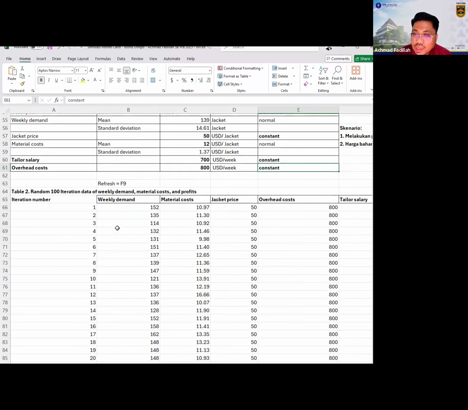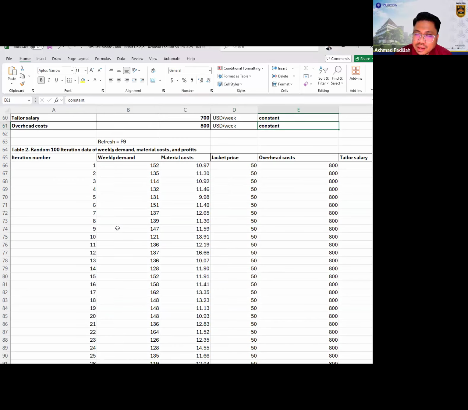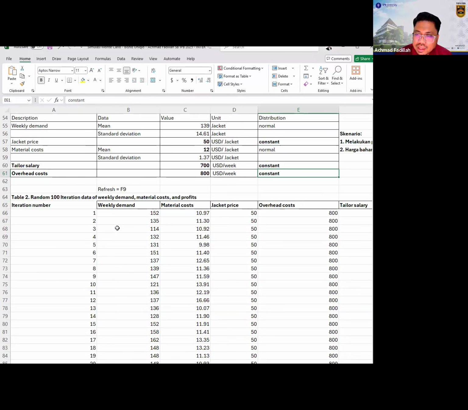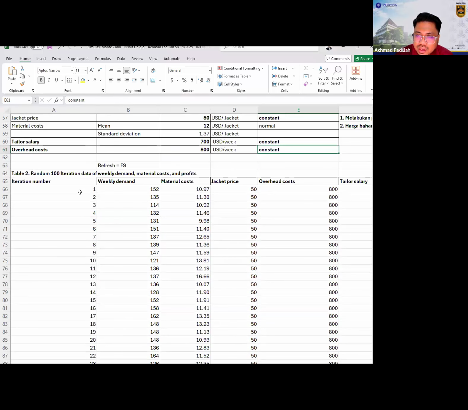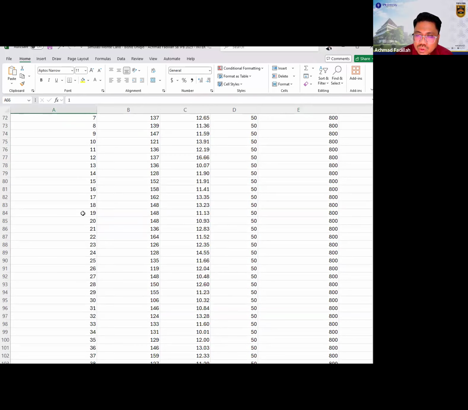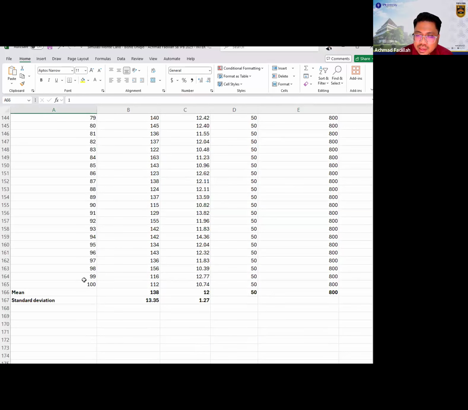So now you need to iterate, or generate, 100 iterations of the data about the weekly demand, material cost and profits. You can see here that it is iteration number 1, 2, until 100.